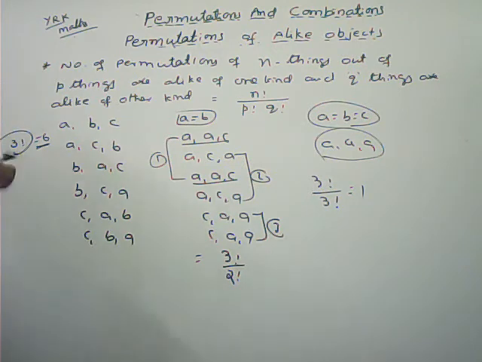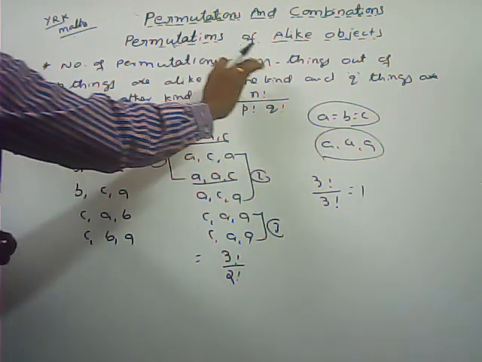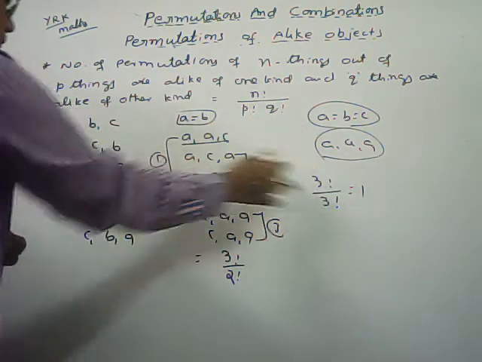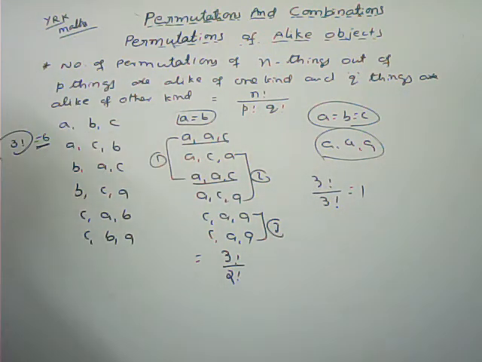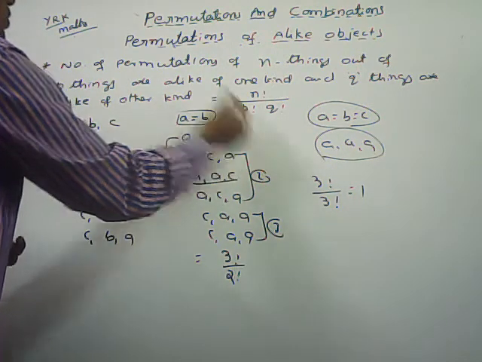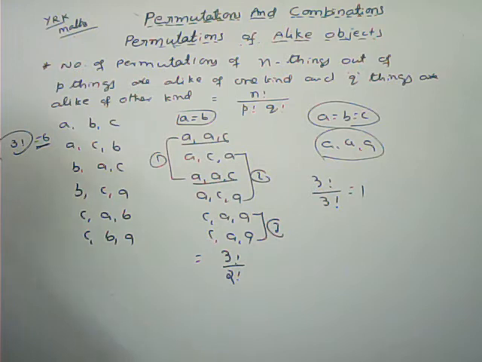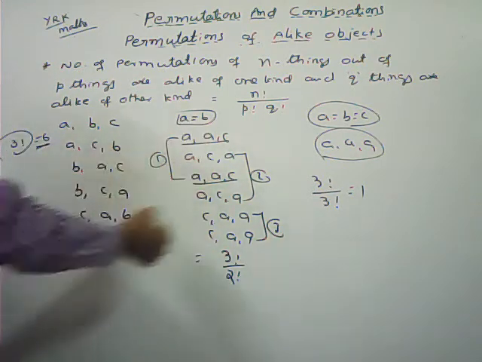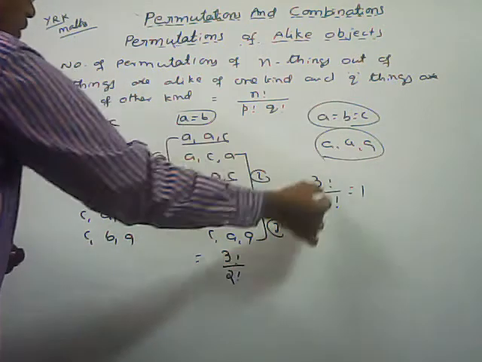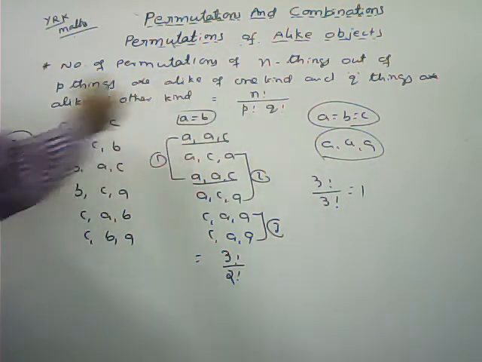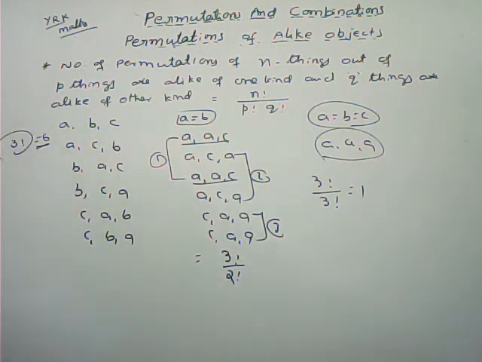In the same way, for the number of permutations of n things, out of which p things are alike of one kind, the total n factorial, the total number of linear permutations, should be divided by p factorial. Here 2 things are alike of one kind, divided by 2 factorial. Here 3 things are alike of one kind, divided by 3 factorial, and q things are alike of another kind, we divide by q factorial.